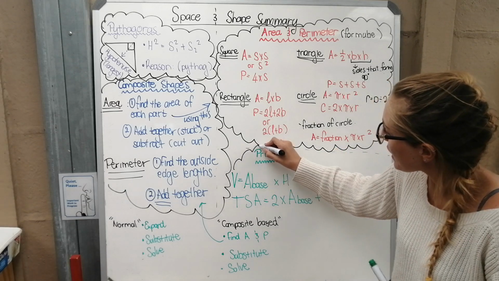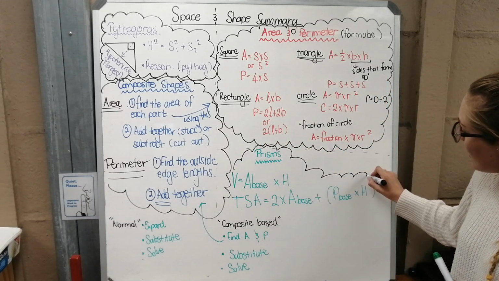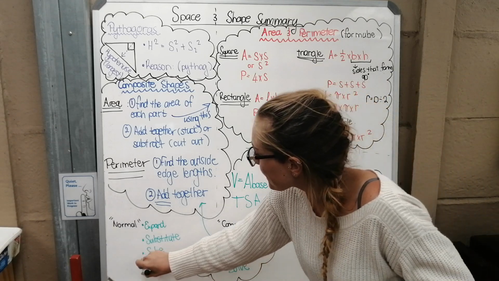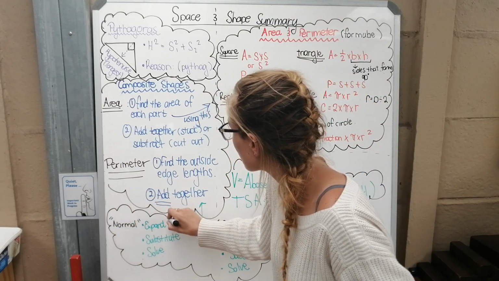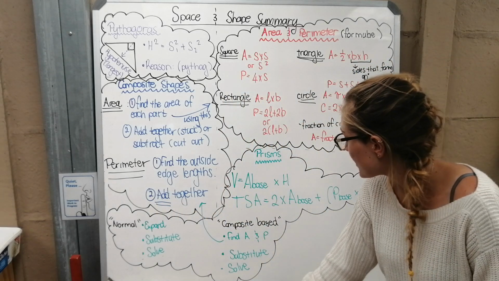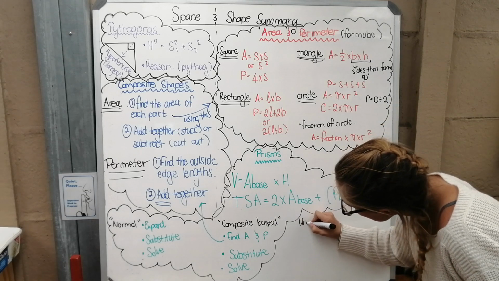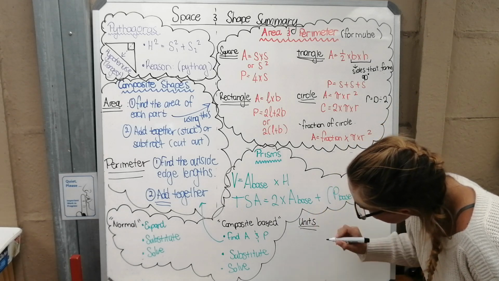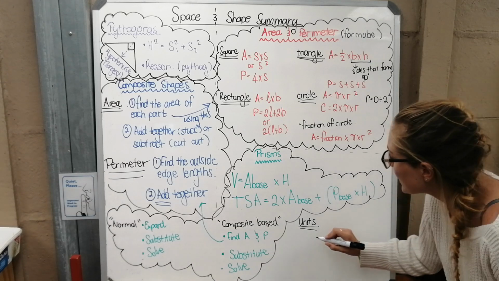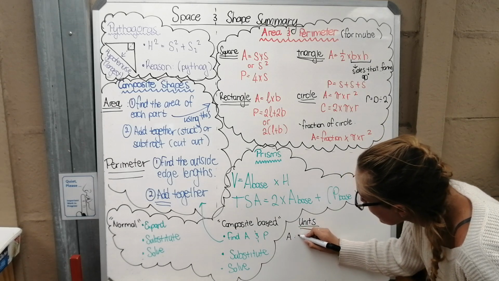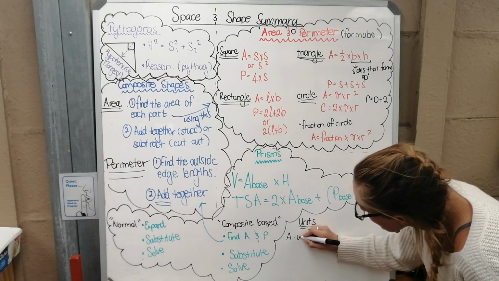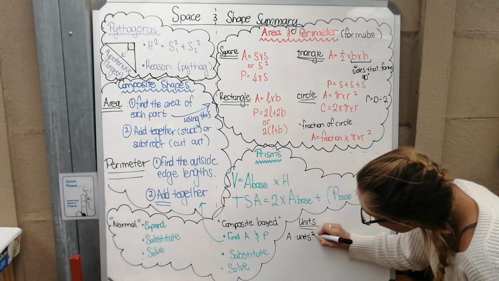That's it. Then I just want to quickly look at a few other helpful tips and tricks, mainly just unit conversions. I know quite a few of us were a little bit confused with converting units. Area is always in units squared.